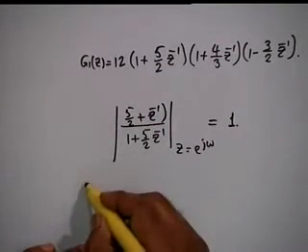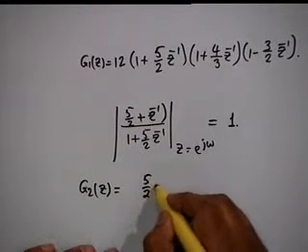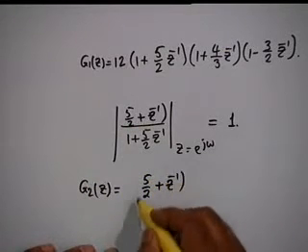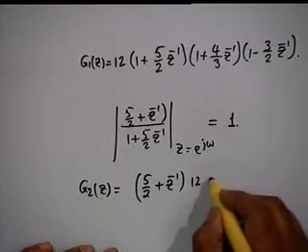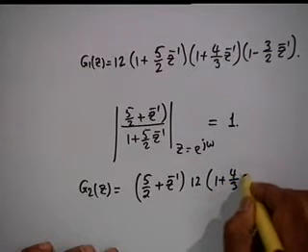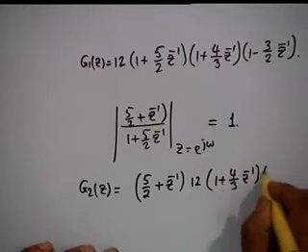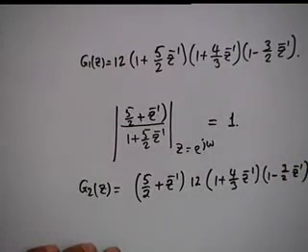And therefore if you write G2 of Z as equal to 5 by 2 plus Z inverse multiplied by 12, then 1 plus 4 by 3 Z inverse, 1 minus 3 by 2 Z inverse, you do not change any other factor, so the magnitude shall be the same.